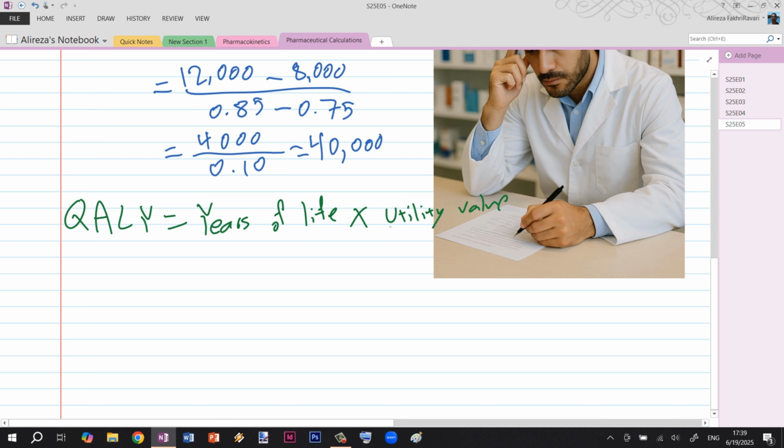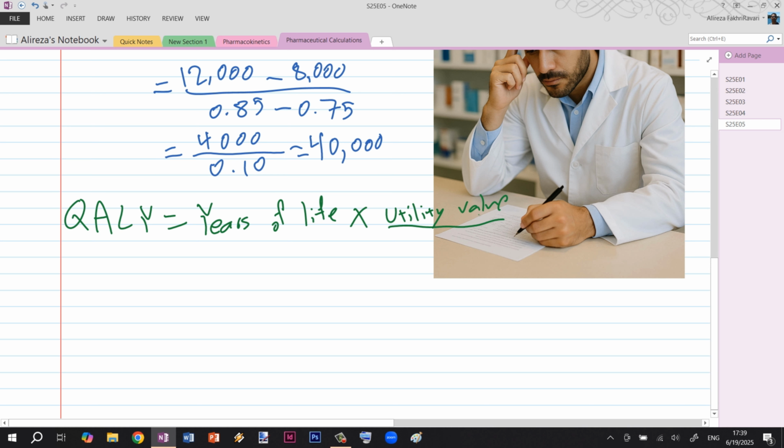Now, utility value in this equation essentially is a score based on patient-reported outcomes or expert consensus, and it's different based on whatever disease state and what outcome you're looking at.